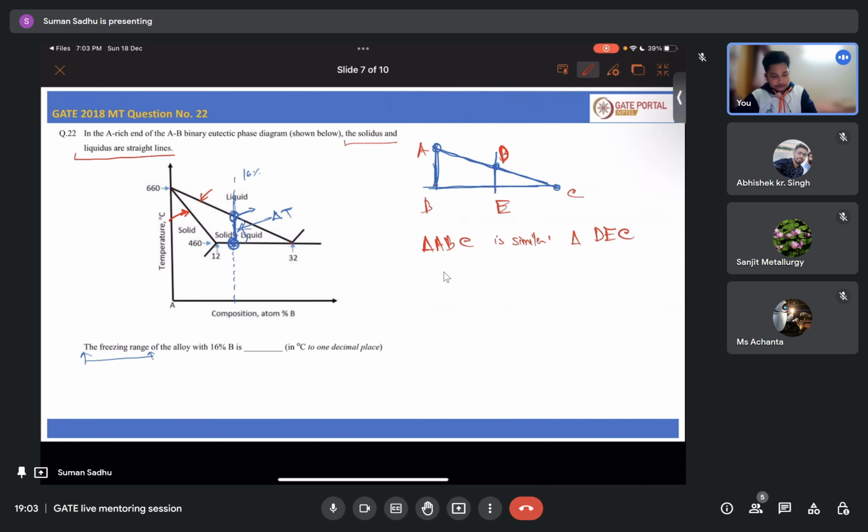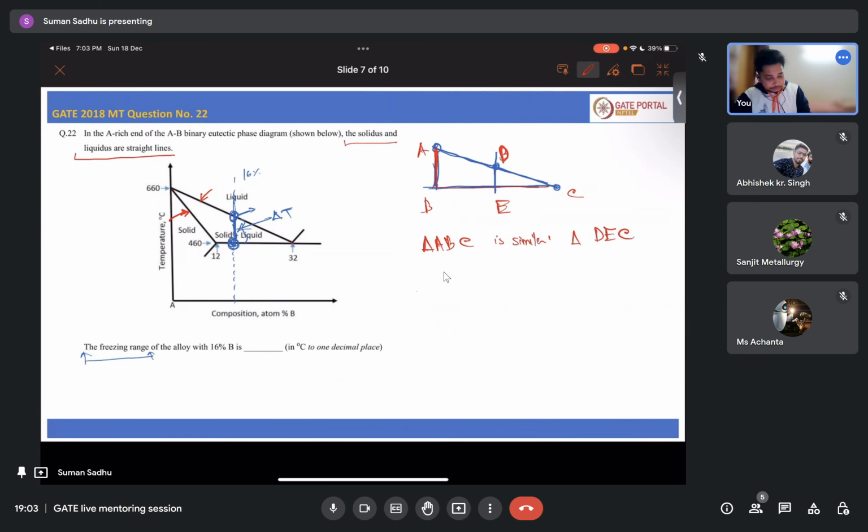So that means this length divided by this length: AB by BC is equal to DE by EC.